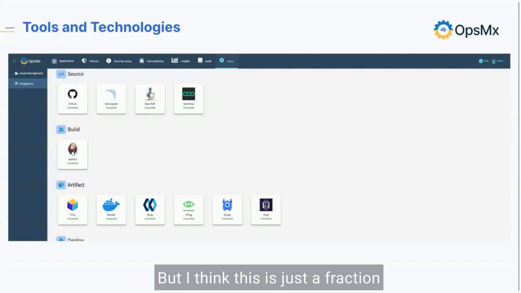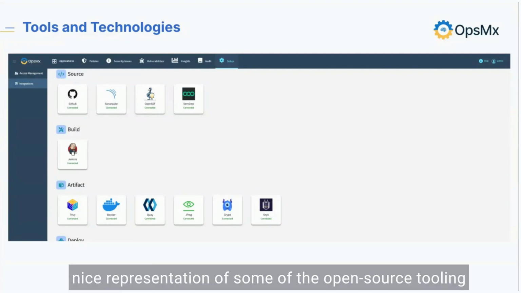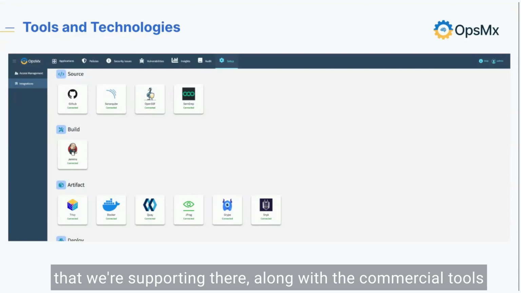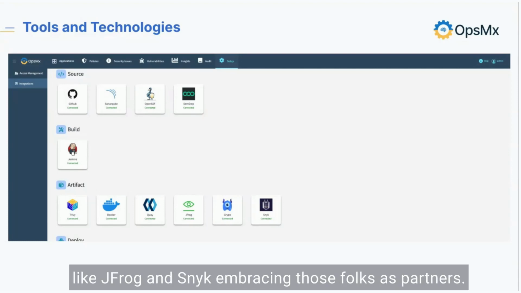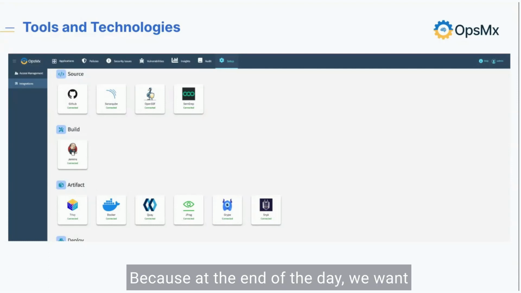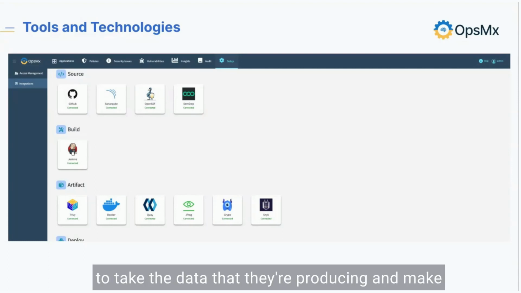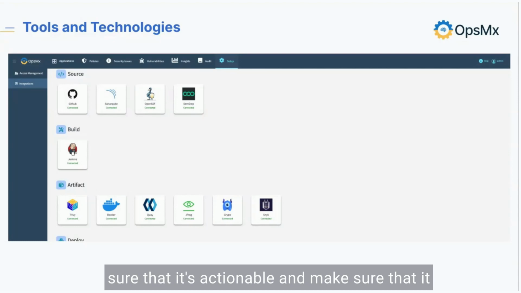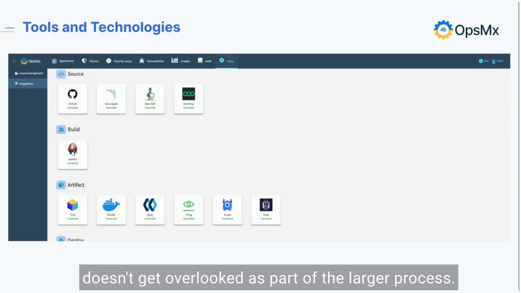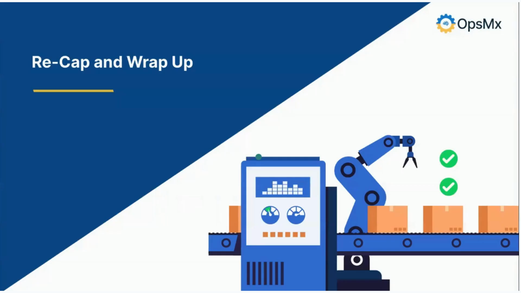But I think this is just a fraction of the tools that we actually support. If you think about it, this is a nice representation of some of the open source tooling that we're supporting, along with the commercial tools like JFrog and Snyk, embracing those folks as partners, because at the end of the day, we want to take the data that they're producing and make sure that it's actionable and that it doesn't get overlooked as part of the larger process.